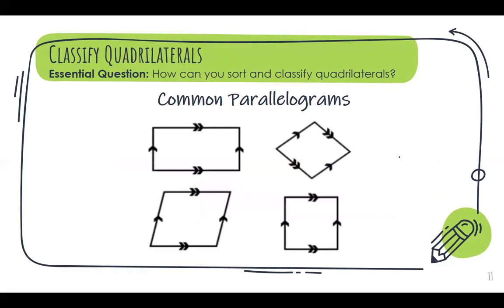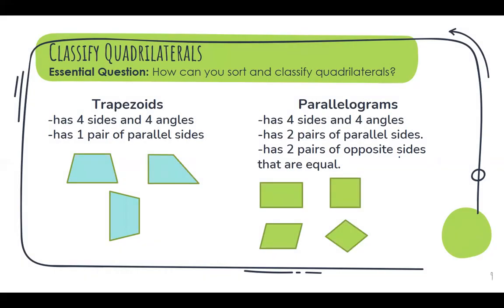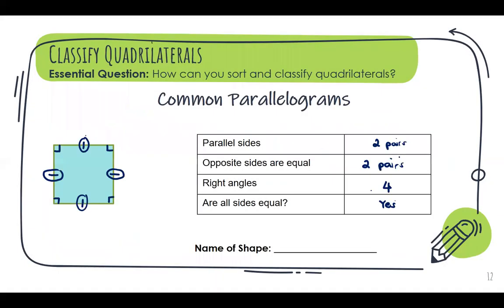Again, going back to the definition, a parallelogram always has 2 pairs of parallel sides and 2 pairs of opposite sides that are equal. So let's go back to this figure. Who among you knows what we call this shape? Correct. This is what we call a square.